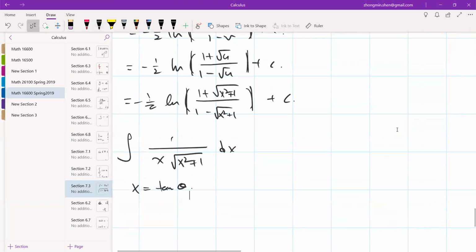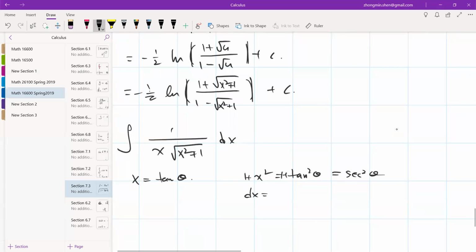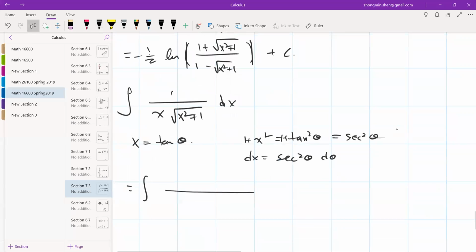Then 1 plus x squared is 1 plus tangent squared theta, which is secant squared theta. I also need dx, which is secant squared theta d theta. So I put everything into the integral. I will get tangent theta, and the square root of x squared plus 1 is secant theta, and then I also have secant squared theta d theta.